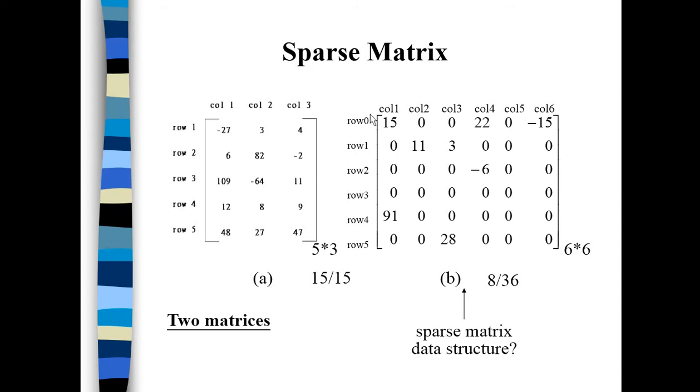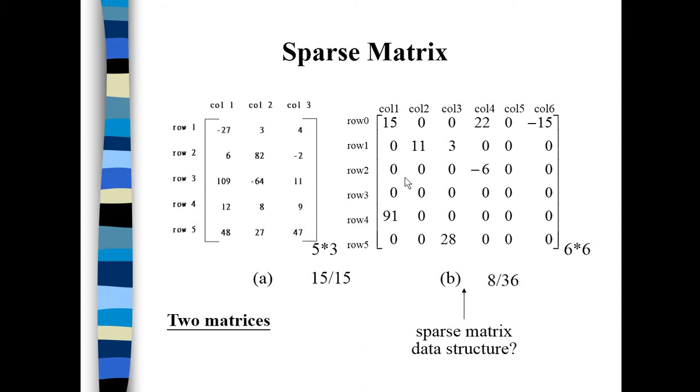Here if you see, there is a 6 by 6 matrix, with 6 rows and 6 columns. The contents are 15 0 0, 22 0, minus 15, 0, 11 3, 0 0 0. Then in row 3 minus 6 is there, row 3 completely 0, in row 4 91 is there, in row 5 28 is there. So many zeros are there, right?